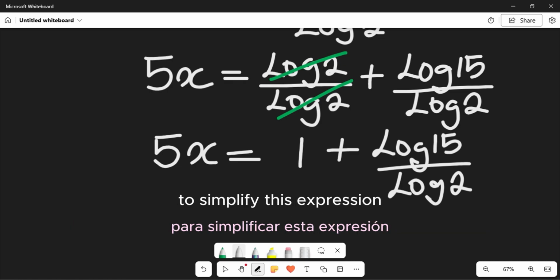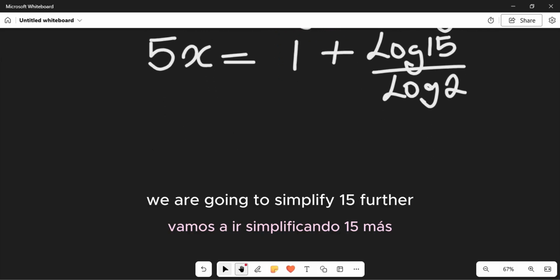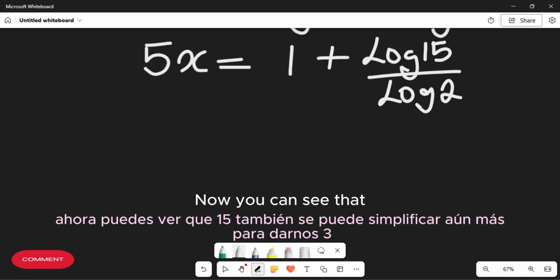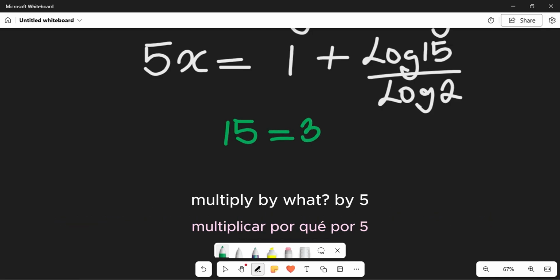To simplify this expression, we are going to simplify 15 further. Now, you can see that 15 can also be simplified further to give us 3 multiplied by what? By 5.